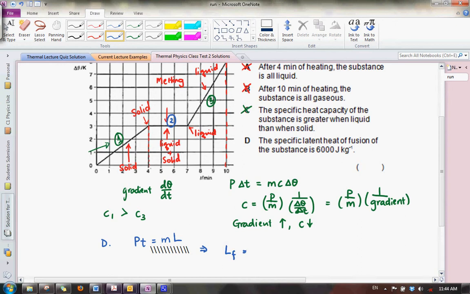This is done over 3 minutes. So from there, you can get P T over M. According to the question, P is 2000 joules per minute, the time interval is 3 minutes, and the mass is 1 kg, and that will give me the answer. So D is the correct answer.